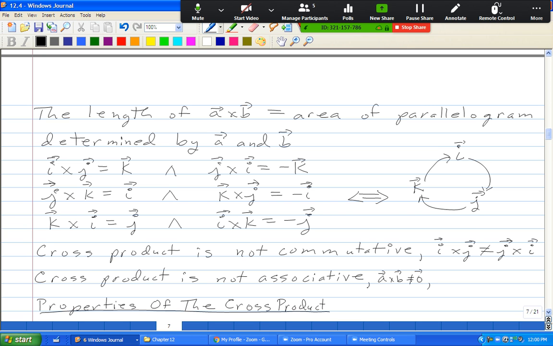And assume that A and B are not 0. Then A cross A cross B. This will work.